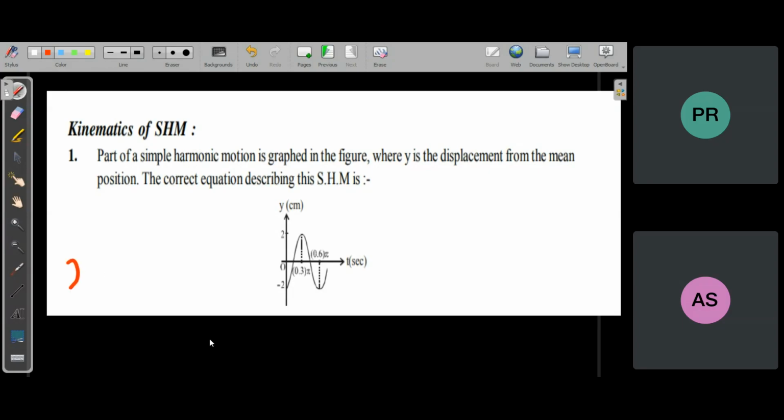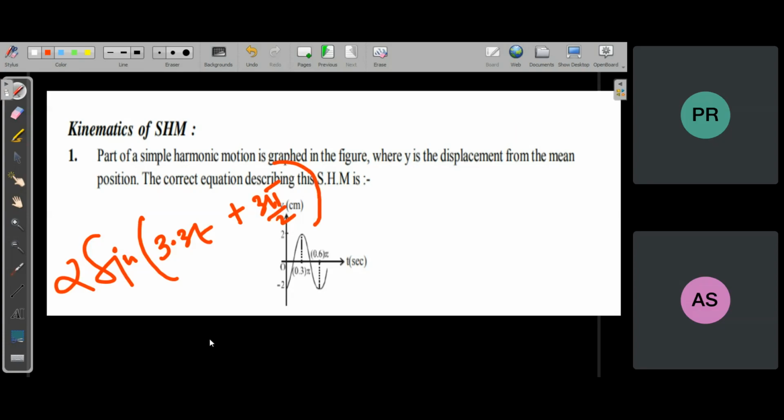Sir, 2 sine 3.3 t plus 3 pi by 2, or minus 2 cos 3.3 t. Tell me the first one. Minus 2 cos 3.3 t and 2 sine 3.3 t plus 3 pi by 2.